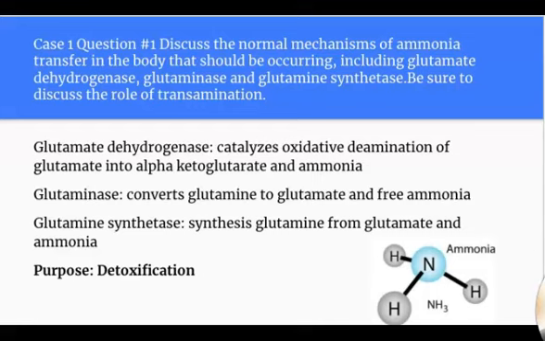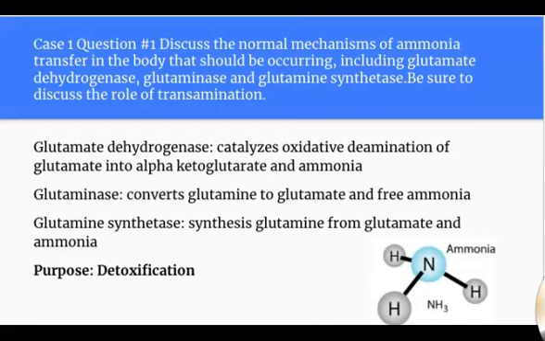And so the first question asked me to discuss the normal mechanisms of ammonia transfer in the body that should be occurring, including glutamate dehydrogenase, glutaminase, and glutamine synthetase, and to discuss the role of transamination.